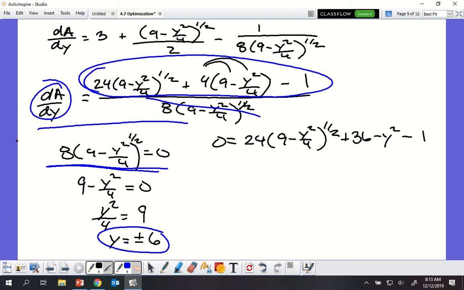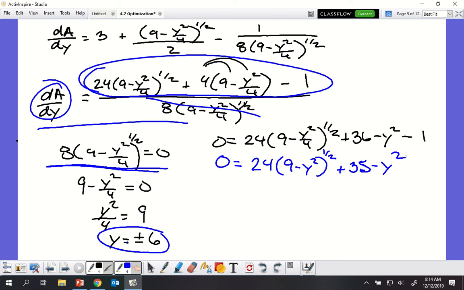So now I'm trying to set my derivative equals 0 because I'm going to get a value out of this. So let's take a look what I have right here. So if I combine terms, I'm left with 0 equals 24 parentheses 9 minus y squared to the 1/2 plus 35 minus y squared.